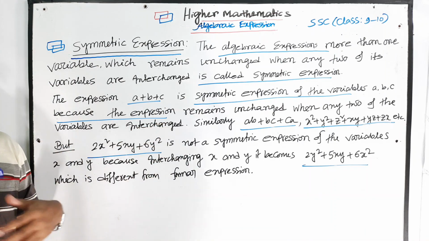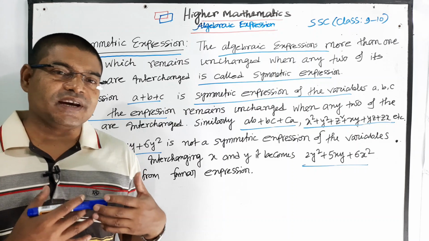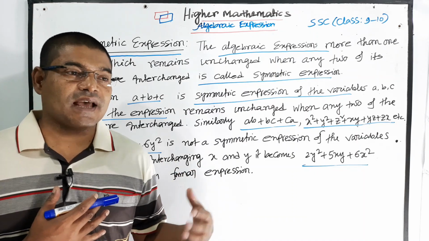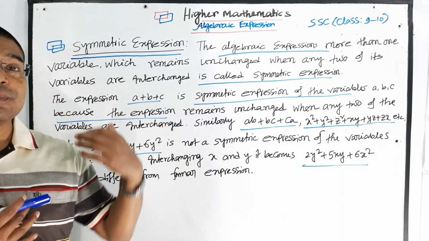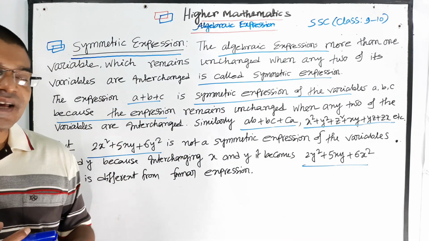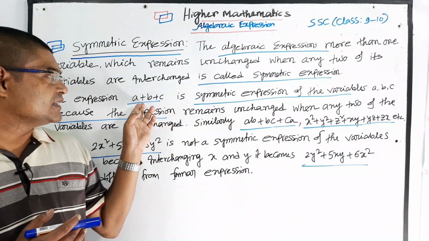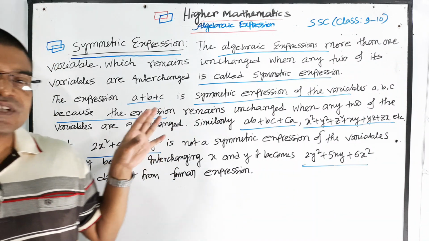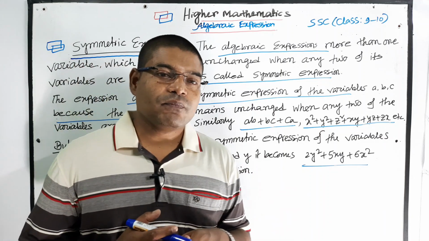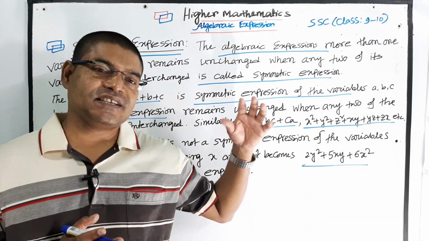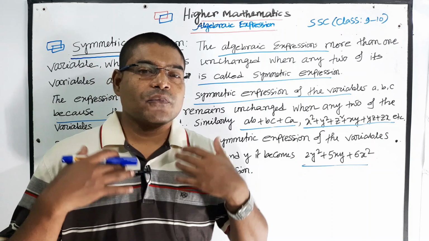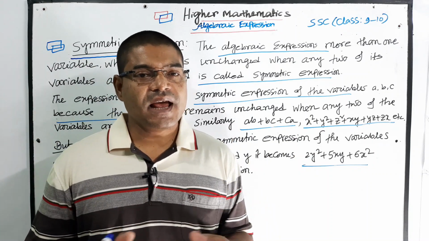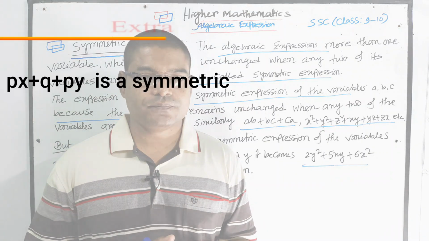So symmetric means you have to interchange two variables and you have to get the previous one, then we can say this is a symmetric expression. This is very important for MCQ questions. So we have to know the definition of cyclic expression and homogeneous expression.